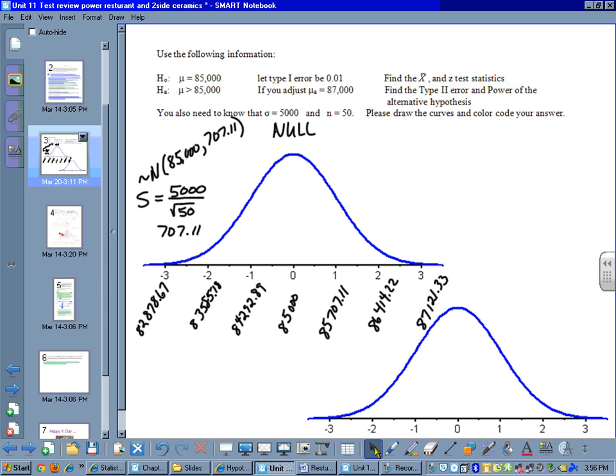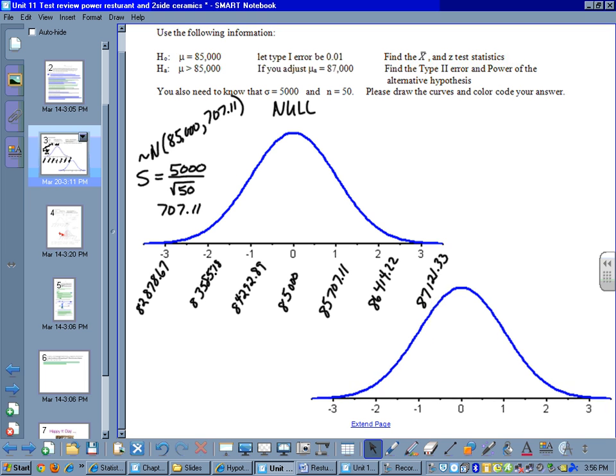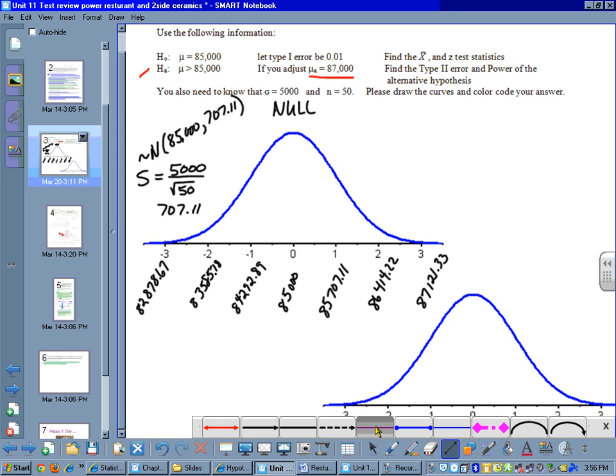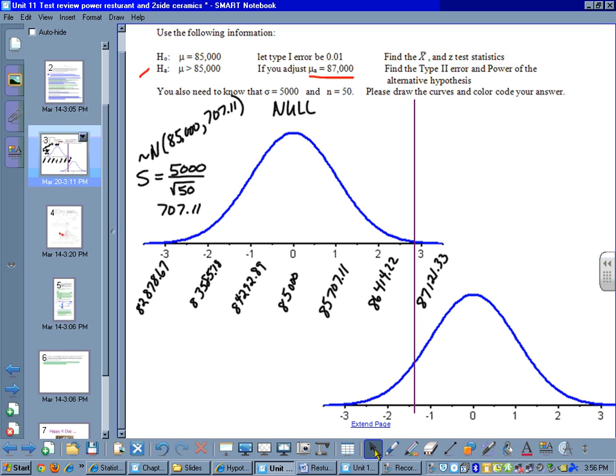Now I want to very carefully place my alternative hypothesis. And the thing I should have mentioned at the beginning is that I knew the null hypothesis was going to start over to the left because this is a greater than problem, and I'm looking at my alternative hypothesis being a greater than situation. So I am going to temporarily place a line where I think that 87,000 would go because that is my alternative hypothesis.